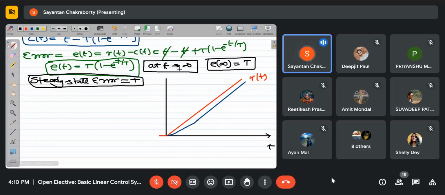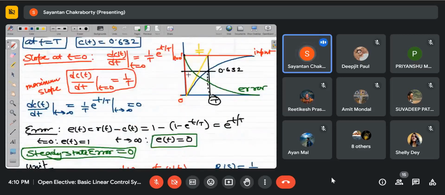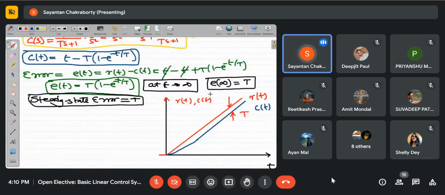So there will be an offset of capital T. This blue one is c(t). So we can say that in this scenario, the output follows the input, no doubt, but with a finite steady state error given by the value of T, which is the same as the time constant. So if you reduce the value of T, then this response will become faster, as well as it will give a smaller steady state offset compared to a ramp signal.